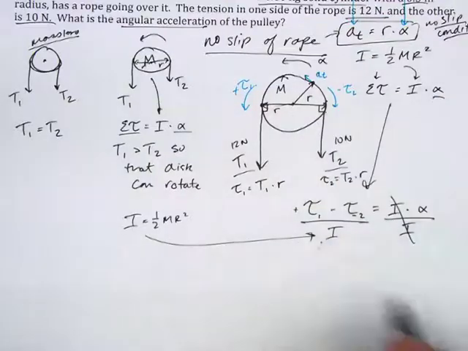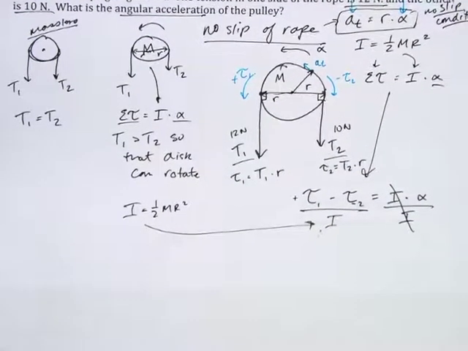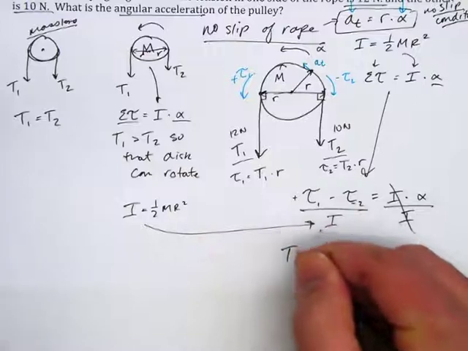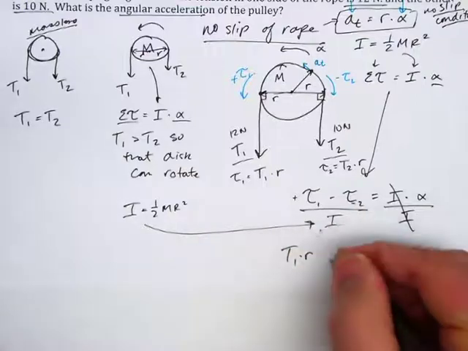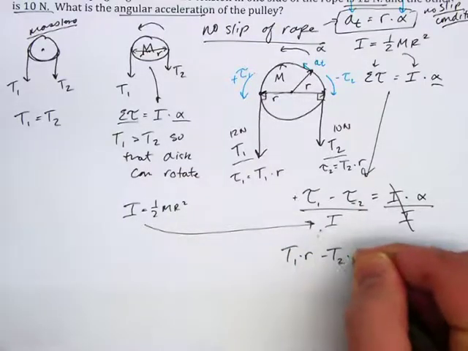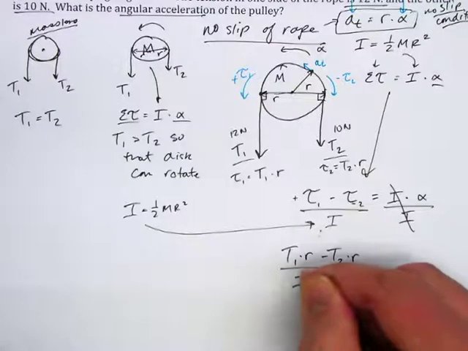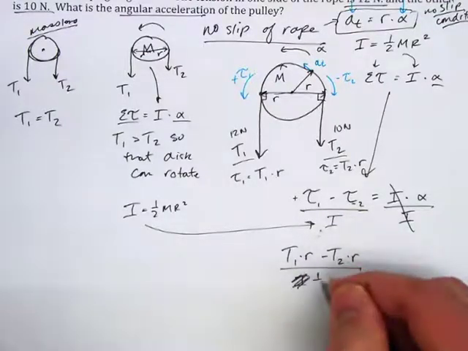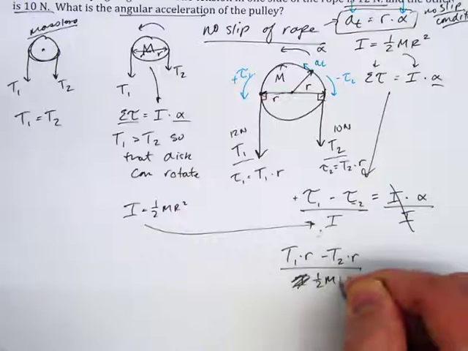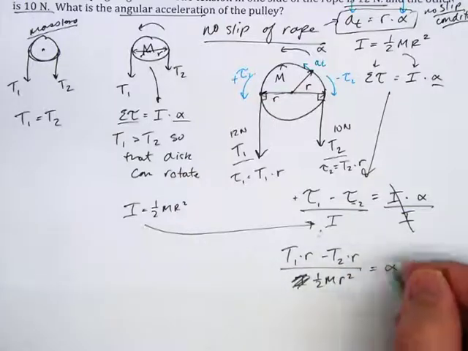So my problem now becomes (T1 times R minus T2 times R) divided by 1/2 mr squared, which I substitute in for I, and that equals alpha.